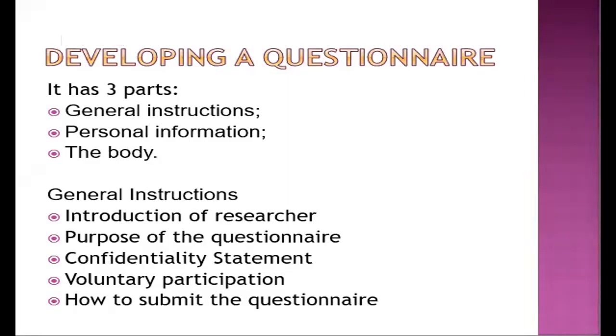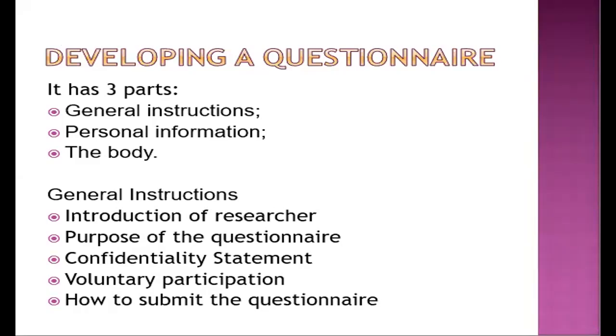One ethical consideration of research is that participants' responses are confidential, and the participants also need to know this. For example, your responses will be confidential. If it is possible for the participant to complete the questionnaire anonymously, that means that they do not have to write their name on the questionnaire.